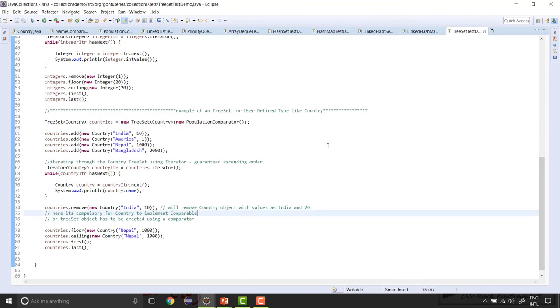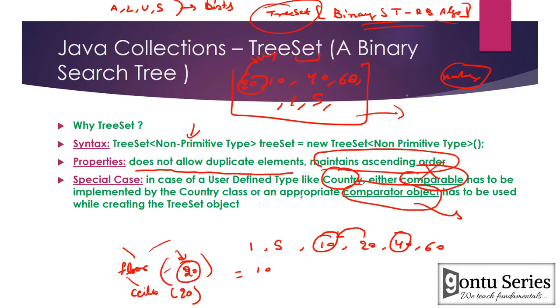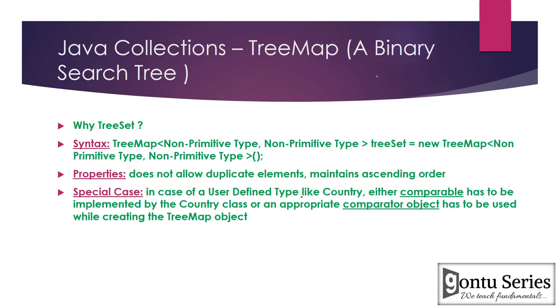Right, so this is all about TreeSet. The way we have learned TreeSet, the same way TreeMap works. It is exactly the same as TreeSet, except that in TreeSet we store only keys, and here with every key we are going to store a value. That's it. Everything else is going to remain the same. It's TreeMap.